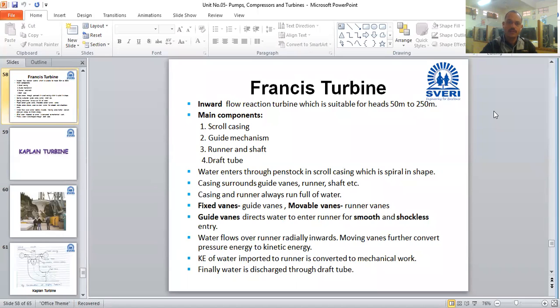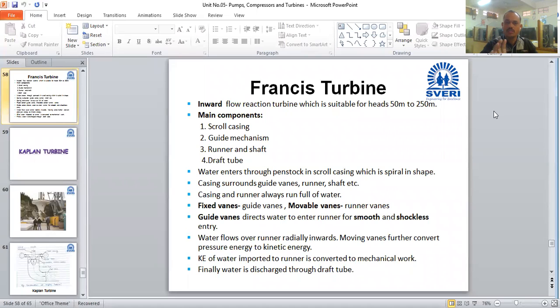In the Francis turbine, the water has both pressure energy and kinetic energy. Water enters radially, radially meaning the water enters from all around its periphery, and it leaves axially.